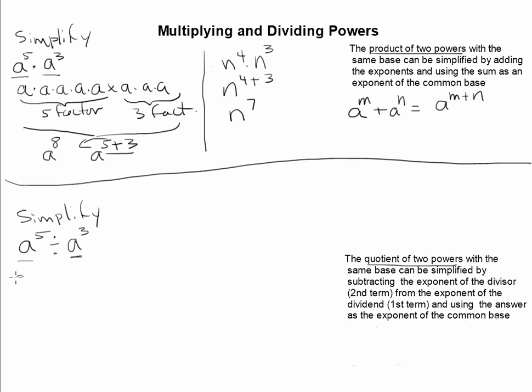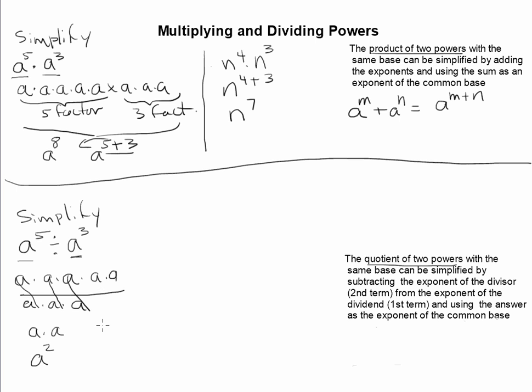Okay, so again, we can still expand 1, 2, 3, 4, 5, and we shall expand our divisor, our second term, and there's what this looks like. Now, we can cancel those a's, 3 a's on the top, 3 a's on the bottom, the numerator and the denominator, and we end up with the 2 that are left in the numerator and simplified a squared.